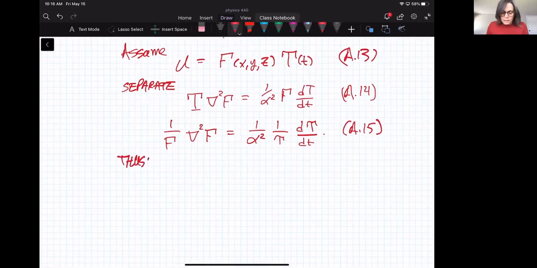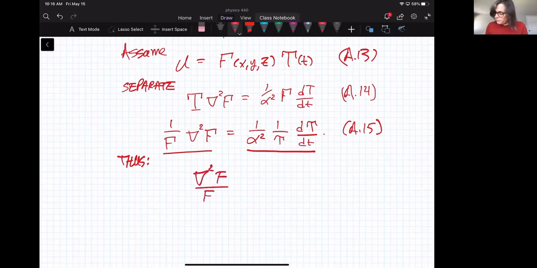And so we get the two equations that we're after, right? Everything over here is a constant as far as everything over here is concerned, and vice versa. So now we have del squared F over F is equal to some constant, minus k squared.